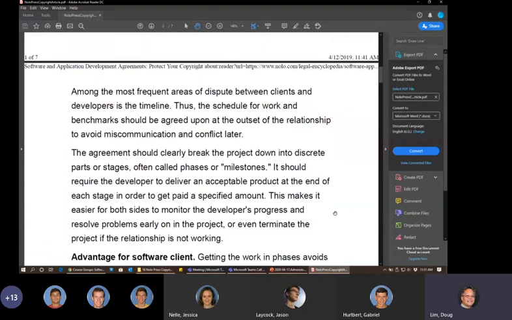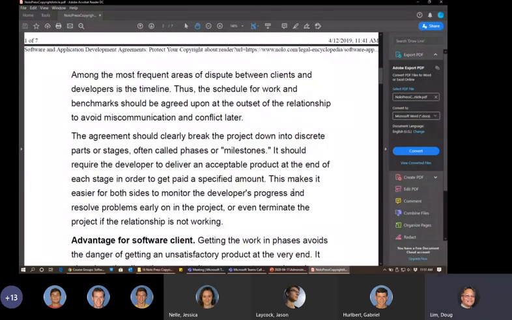The most frequent area of dispute between clients and developers is the timeline. So there should be a schedule in place in the contract and benchmarks or milestones, which is here in this paragraph. The project should be clearly broken down in discrete parts or stages, often the phases are called milestones. It's important to have these in order to facilitate delivery of an acceptable product.